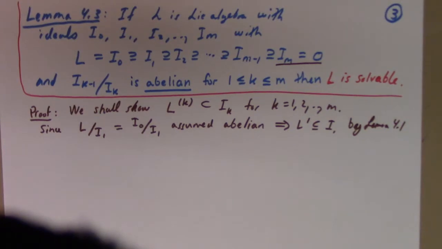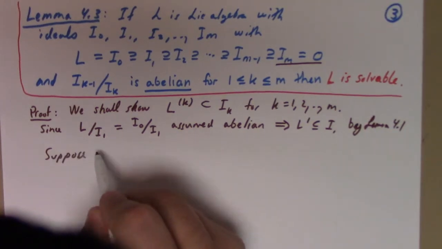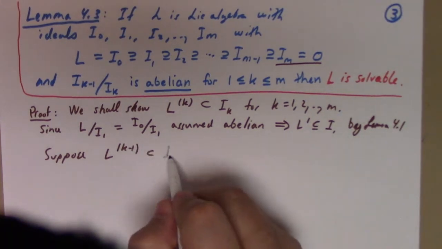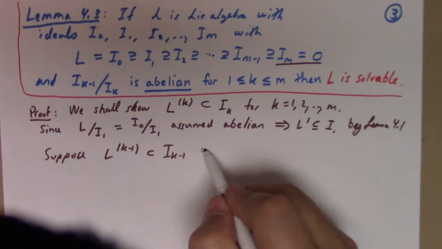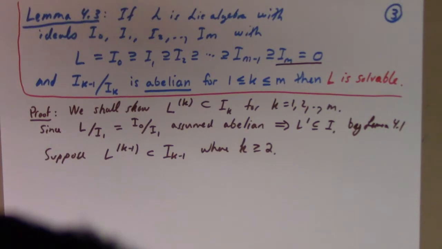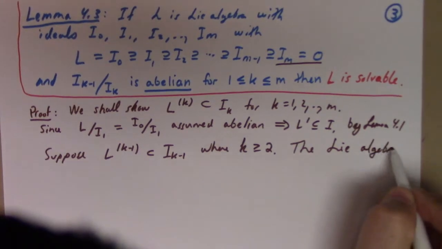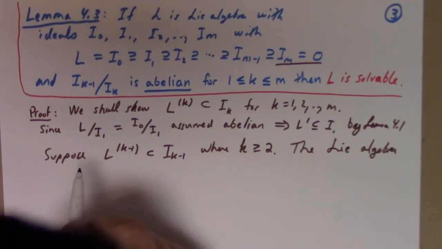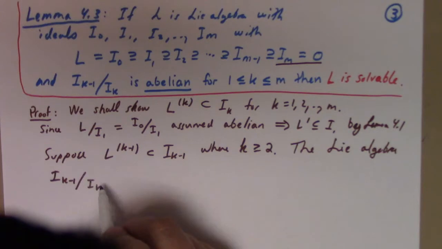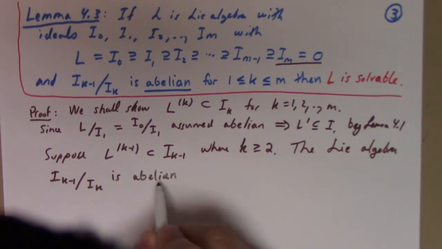Okay, so now we use induction. Suppose that the (k minus 1)th derived algebra is contained in I_{k-1}, where k is greater than or equal to 2. The Lie algebra I_{k-1} mod I_k is abelian. We assume that.